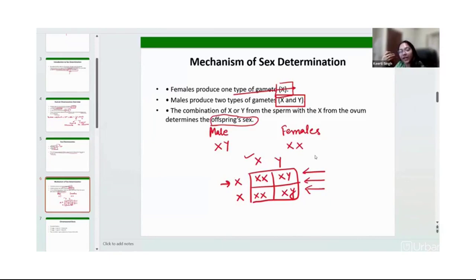The gamete in case of the human male is sperm, of course. So whether the sperm is carrying the X chromosome or the Y chromosome, this sperm is going to decide the sex, right? So there will always be a 50% chance that the unborn child is going to be male or female.